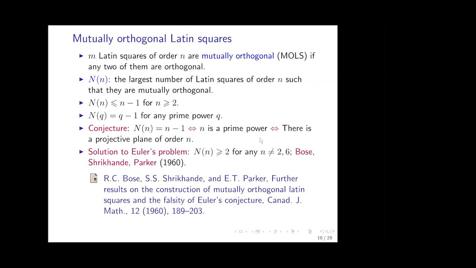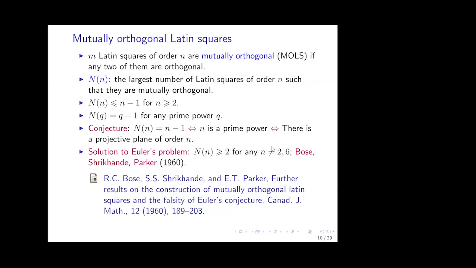Anyway, the study of the value N(n) divides into at least two directions. One direction is to improve the lower bound. For example, the solution to Euler's problem uses the fact that N(n) is greater than or equal to 2 for any n that is not 2 or 6.